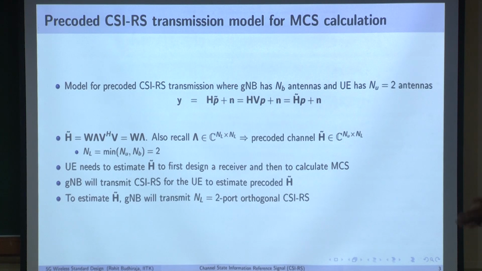The way 5G networks are being designed, we are talking about massive MIMO base stations wherein the number of antennas is very large. To keep things simple, if the base station has 32 antennas, you need a 32 port CSI-RS, and that's why CSI-RS has a higher number of orthogonal ports.